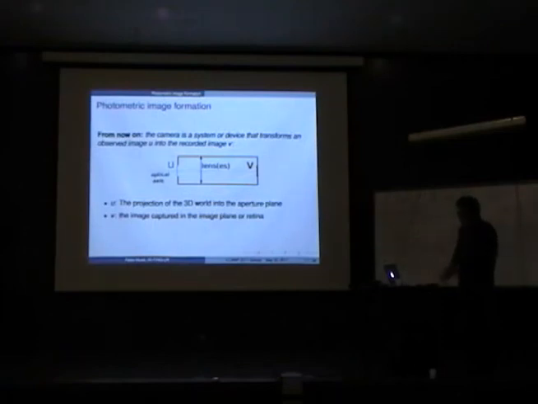U is a continuous image that arrives at the CCD array plane, the image plane. Then you have to sample it. In order to sample it, you have this grid that integrates light in little squares, and the convolution kernel is going to be the indicator function of your squares.